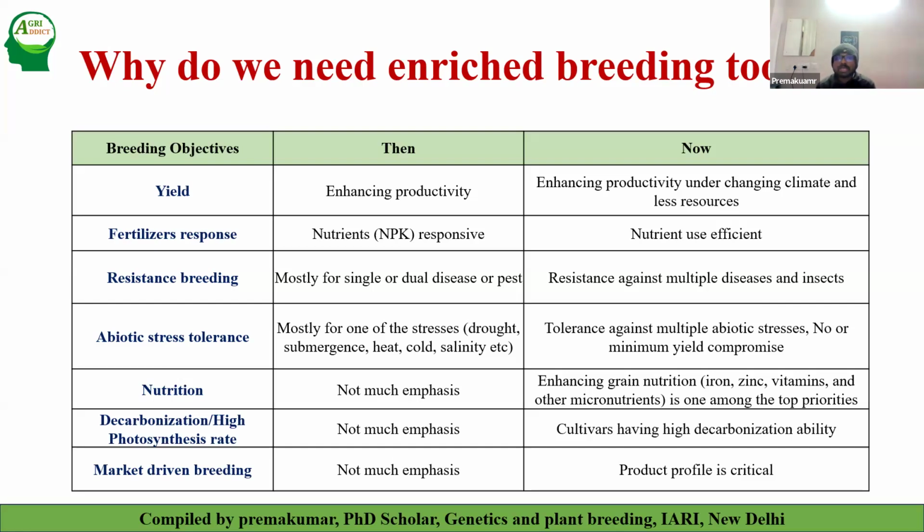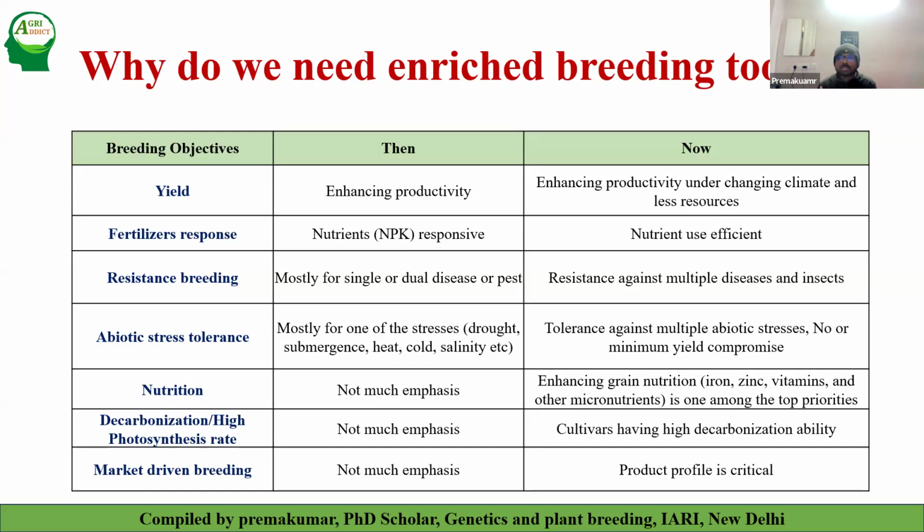Even though we have 40 to 45 million hectares, we can't produce that much. We have larger production, but when it comes to productivity, it's very low. But in future, the population of India is growing exponentially, and we can't offer that much land for rice production. That's why breeding is now challenging.